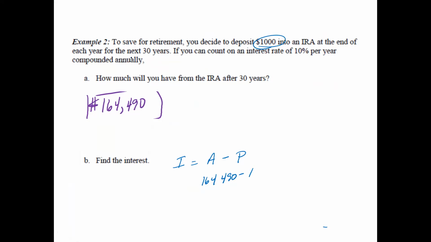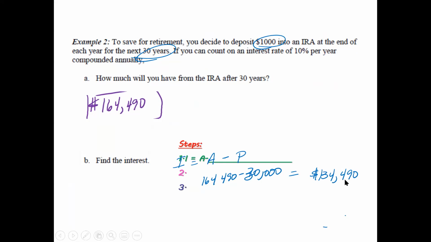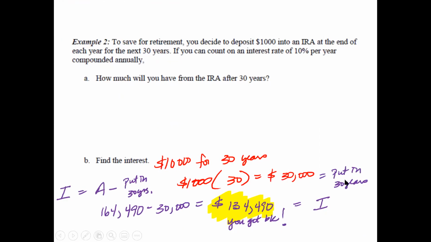You're going to put 1,000 for the next 30 years. So minus 30,000, which is still going to give you a significant amount, which is going to be 134,490. And that's how much you get back.